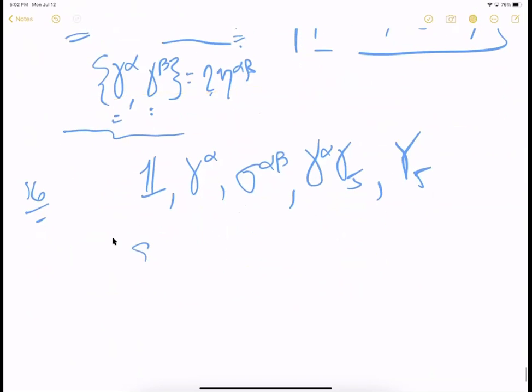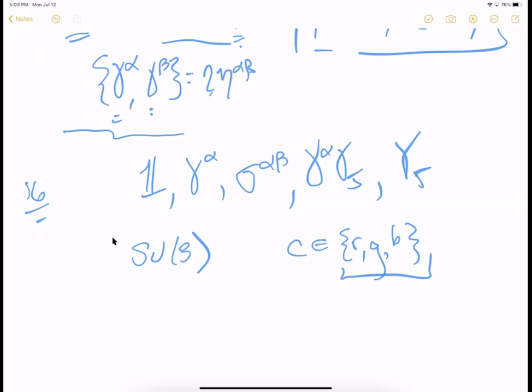Then SU(3), we have various colors. A field can be either red or green or blue. So what can we build out of those? These span a three-dimensional vector space, and the color transformations act on that three-dimensional vector space.